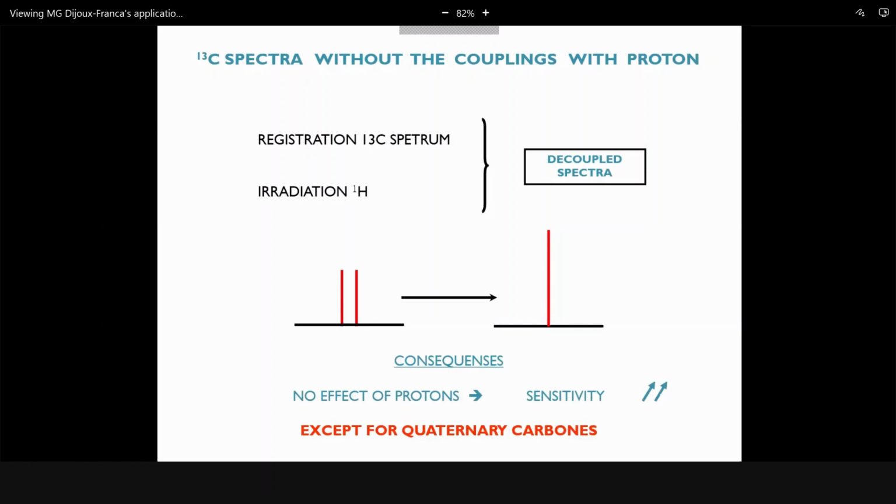What are the consequences? The consequence is that we have a greater sensitivity because we don't have the effect of the coupling with the protons on the carbon. From a small signal, we will have a greater signal. But this is true if the carbons are bearing hydrogen. We won't have this increase of signal for quaternary carbons, of course, because they are initially not coupled to any protons.